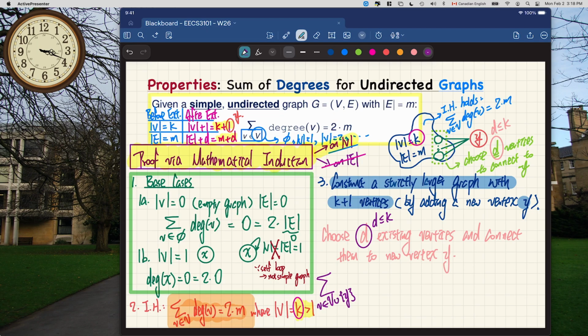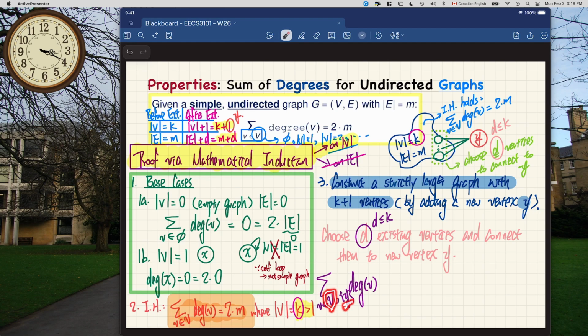All right, and then we're going to say the degree. The degree of little v. Let's now do a little bit, it's not really tricky. For sigma, you can think about sigma as just a series of plus. So why don't we figure out the degree sum just for this part over here, and then the extra degrees that we have to count because of y, we count separately.